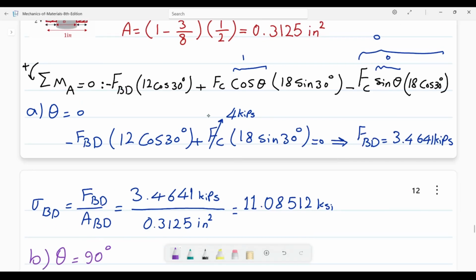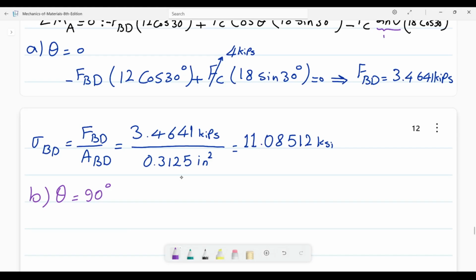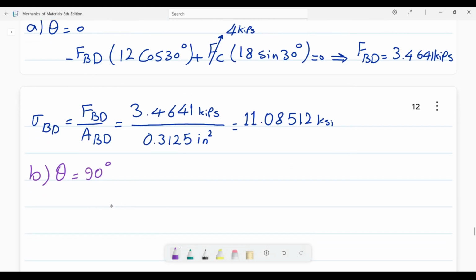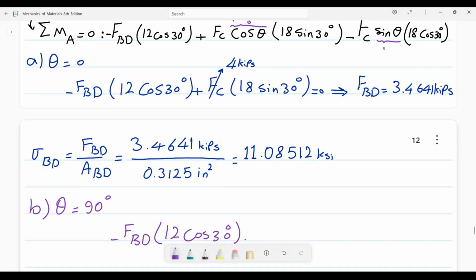It means cosine theta equals 0, and this part equals 0 too, and sine theta is 1, and finally we have minus FBD multiplied by 12 cosine 30 degree plus minus FC multiplied by 18 cosine 30 degree, and we know that FC is equal to 4 kips.